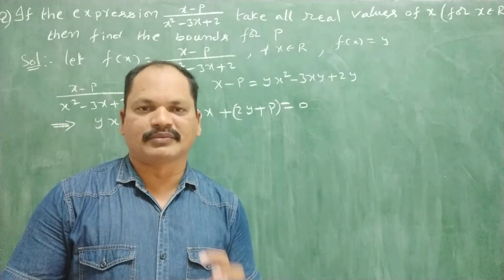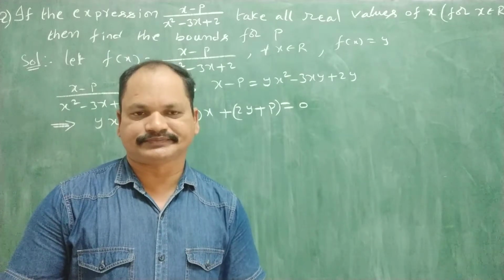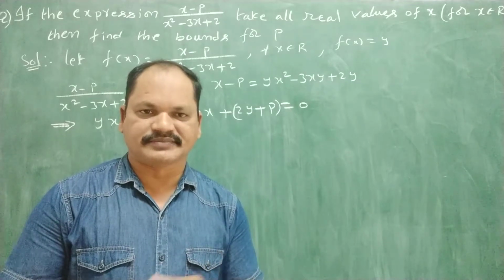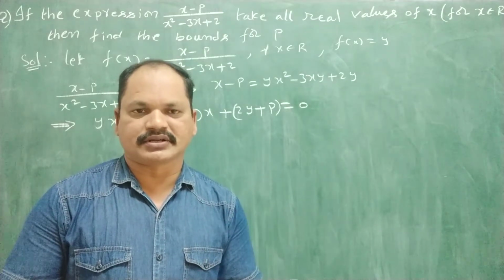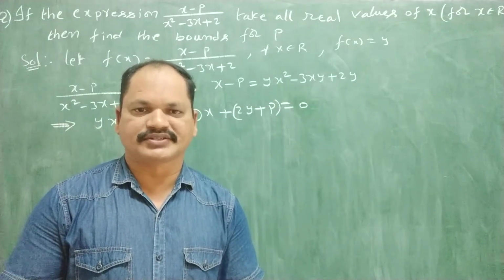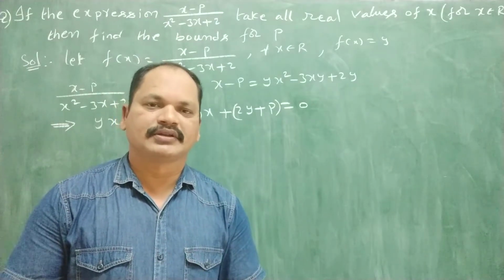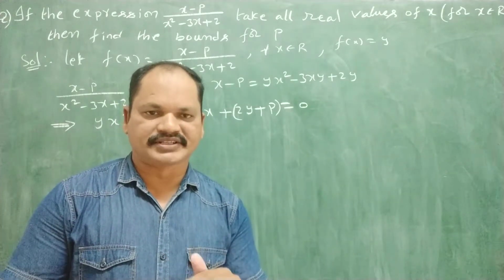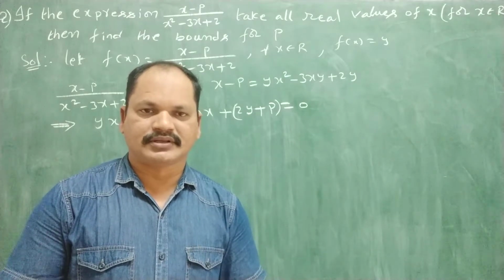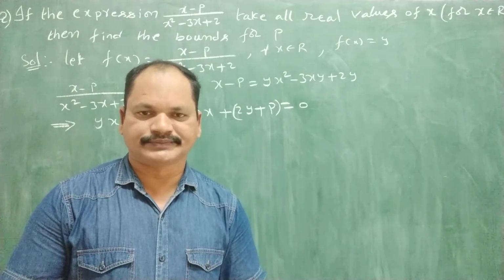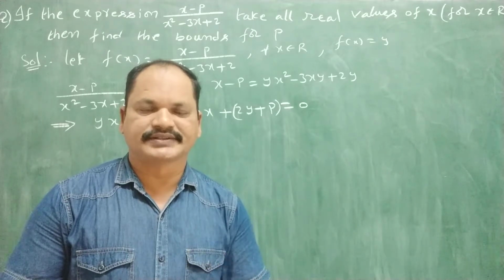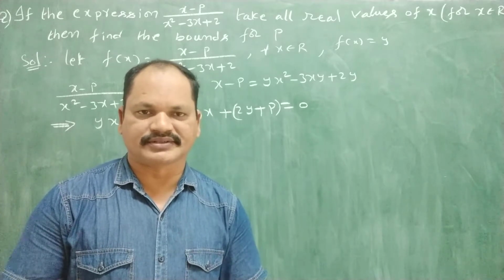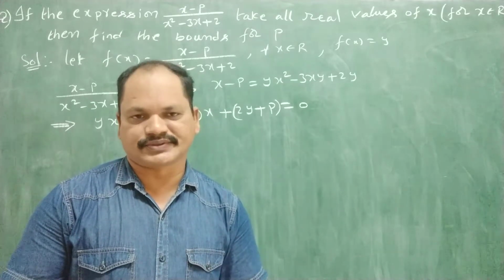The discriminant formula is b square minus 4ac. From the already discussed concept of nature of roots, if discriminant is equal to 0, then the roots are real and equal. If discriminant is greater than 0, then the roots are real and distinct. If discriminant is less than 0, then the roots are imaginary or complex.